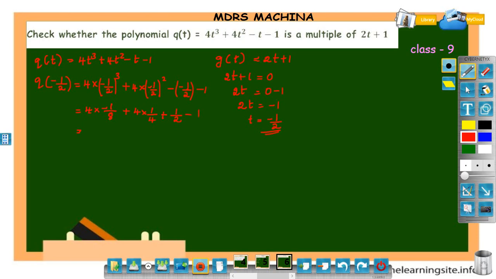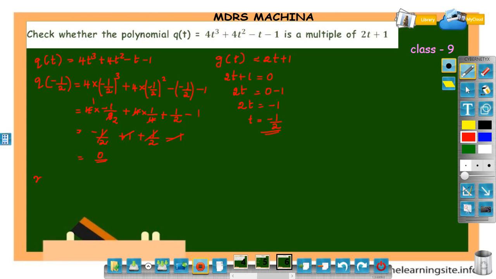Now see here, 4 ones are 4, 4 twos are 8, so minus half. Here 4 ones are 4, 4 fours are 16, so plus 1, plus half, minus 1. See here, minus half and plus half is 0, plus 1 minus 1 is 0. So the answer is 0.